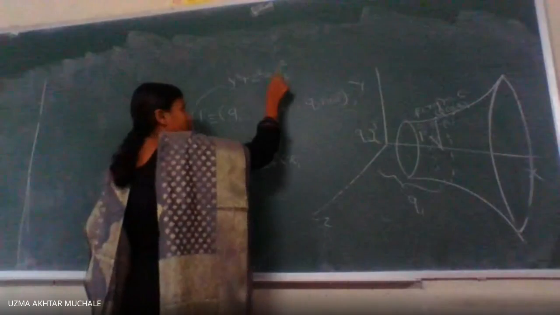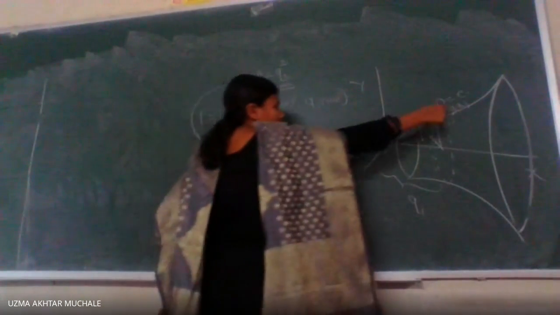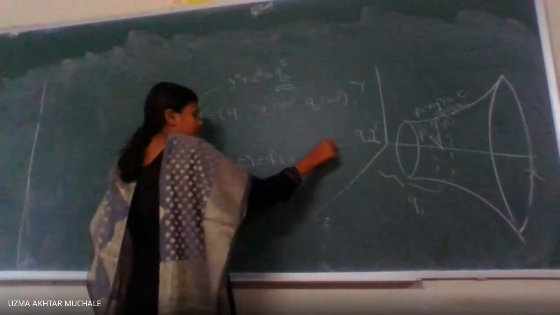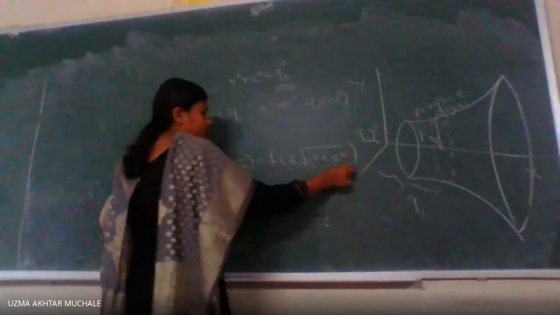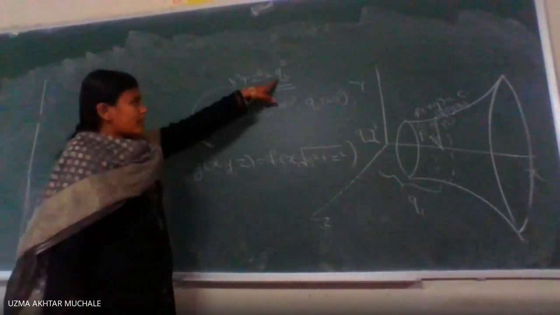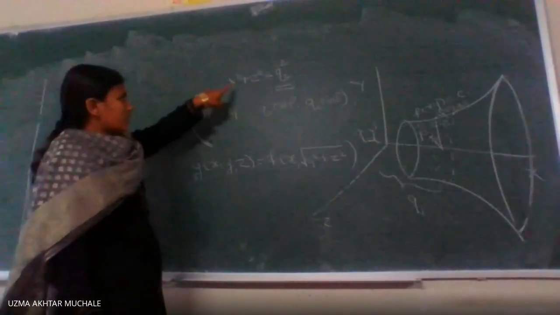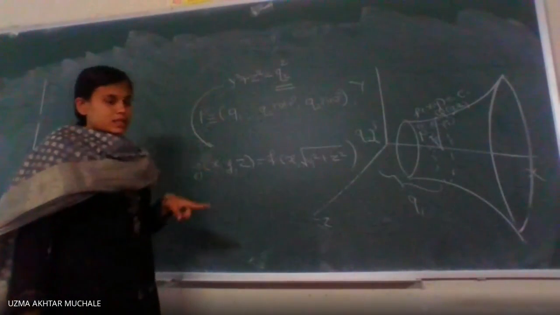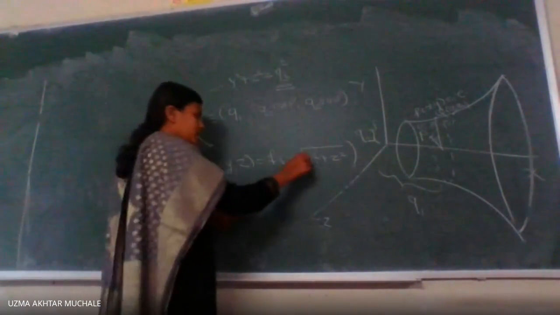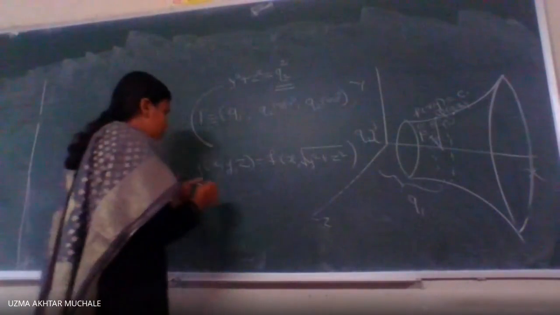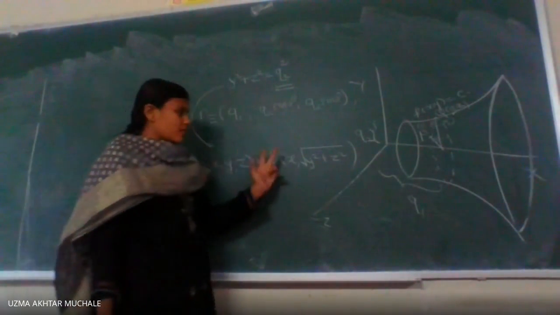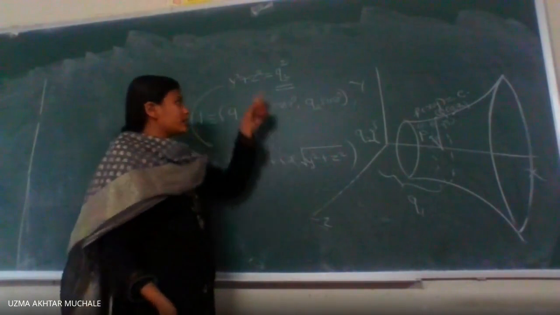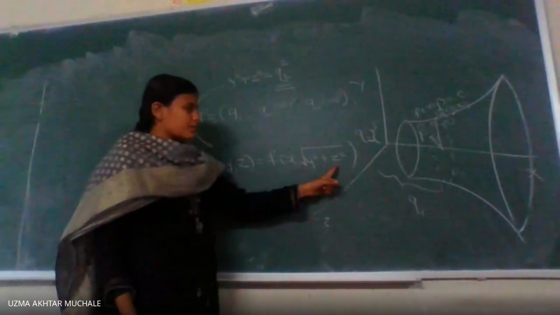Here this q2 is nothing but your y coordinate. This y coordinate, that is q2, I can write as under root of y square plus z square. So hence now the equation of a surface I can write as g of x y z is nothing but f of x y. Instead of y we are writing under root of y square plus z square.